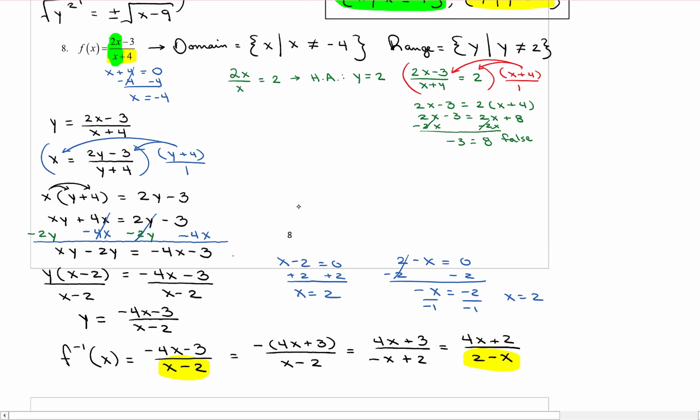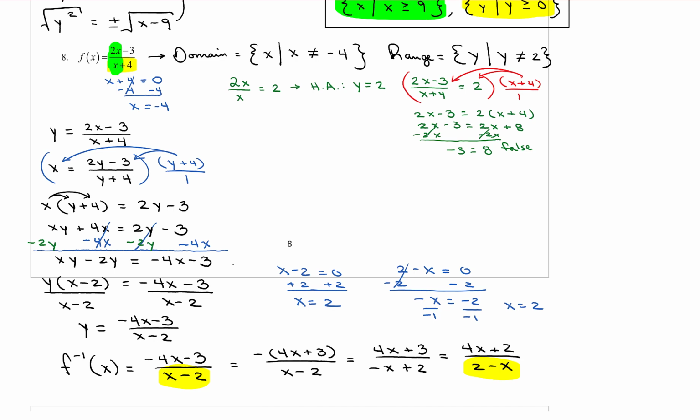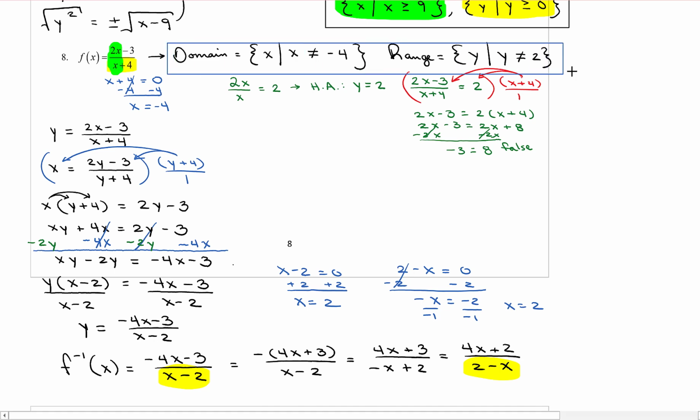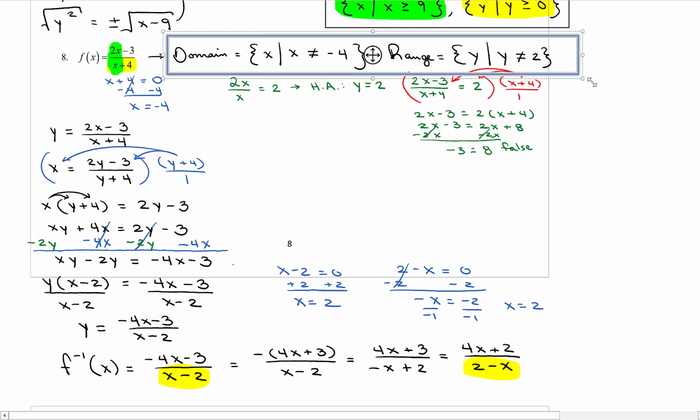So the restricted value for the domain of my f inverse function is going to be 2. And notice, I'm boxing in the domain and the range for the function. That was the restricted value for the range. That would make sense, right? For f inverse, the domain is going to be the set of all x such that x cannot equal 2.